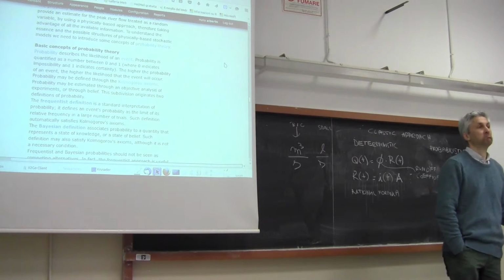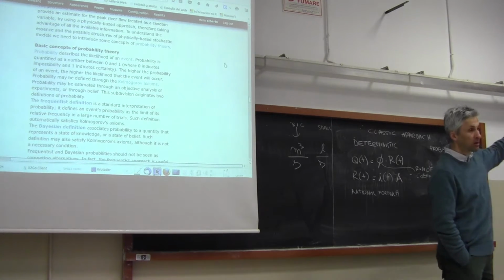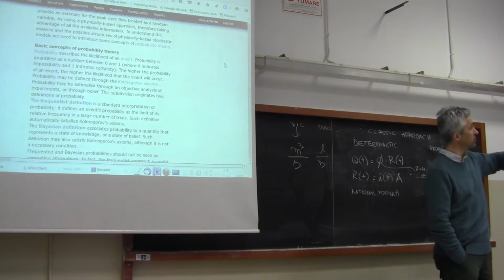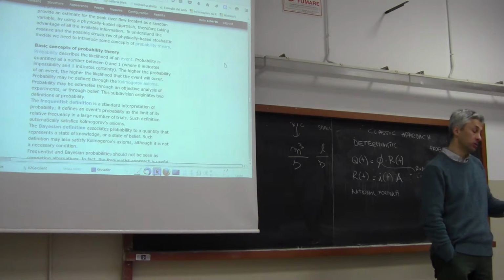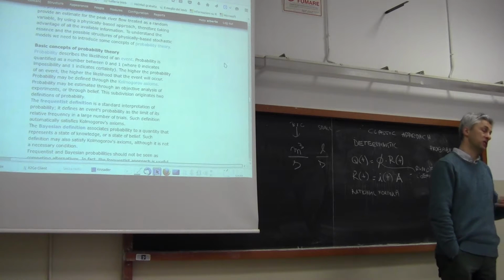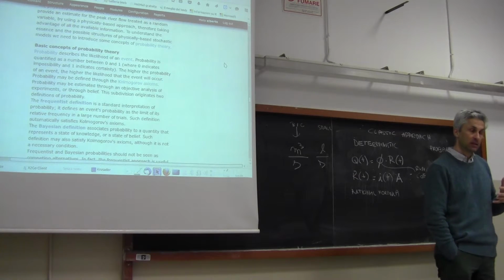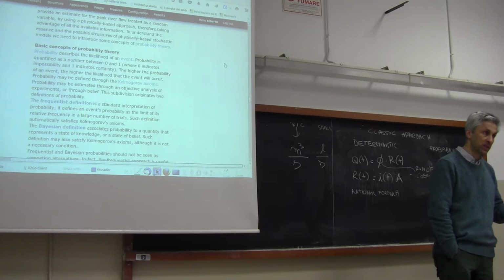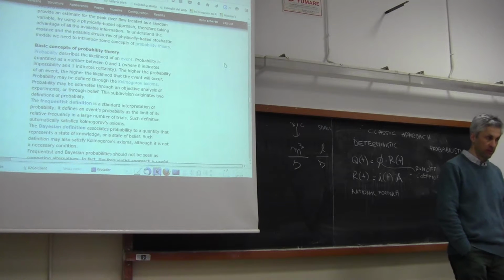So if you ask, what is the probability that it rains tomorrow? You may look out of the window and say high probability. You may also look at the weather forecast and say high probability, something like 0.8. But how can you really say 0.8? What is the practical way of defining the probability?